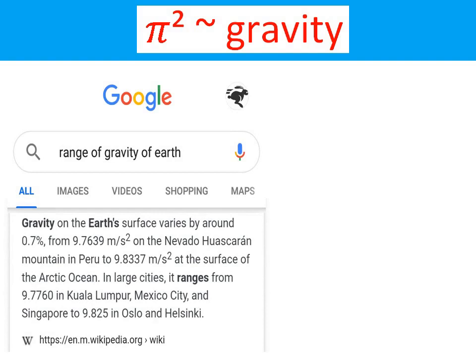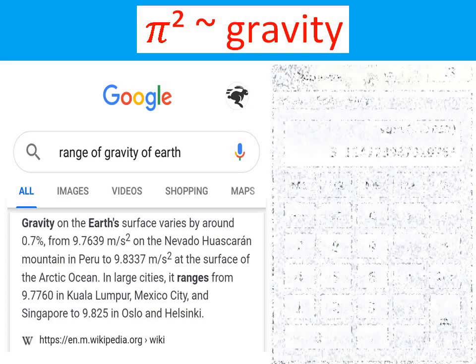On the net, if we check for the range of gravity on Earth, it is the lowest in the Peru mountains, 9.7639, and the highest in the Arctic Ocean area, it is 9.8337. So only between these values the gravity lies.